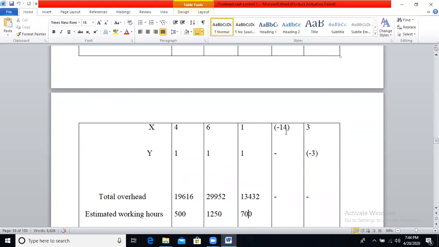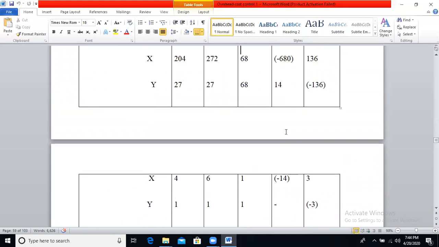Now we have some value under the X department, that is 14. So right below the X department, minus 14, and this should be reapportioned to all production departments and the service department on the basis of X percentage: 30%, 40%, 10% and 20%. So for department A, 14 into 30%, you will get 4.2, so we consider it as 4.